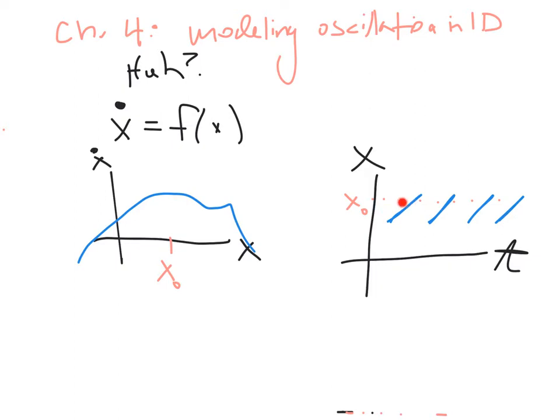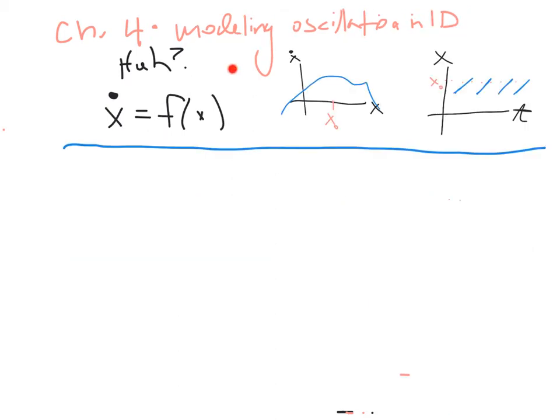So there's no possibility of oscillation, because every single time I hit this value of x, I'm always going upward. And that means I can only hit it once. I can't come back down through it. That would imply that some other time when I got to this point x, I had a different velocity, which isn't possible.